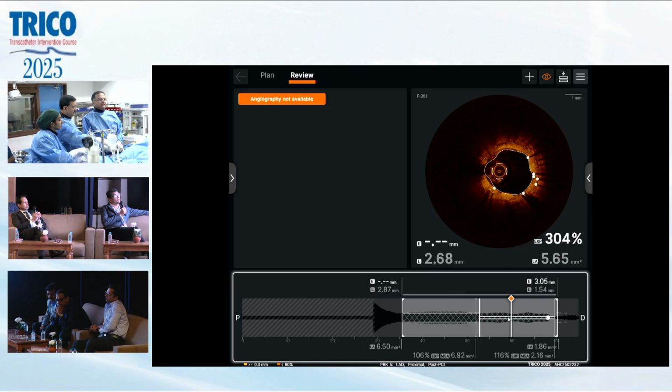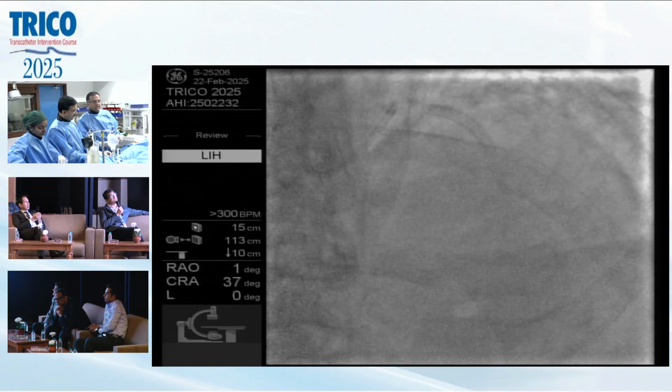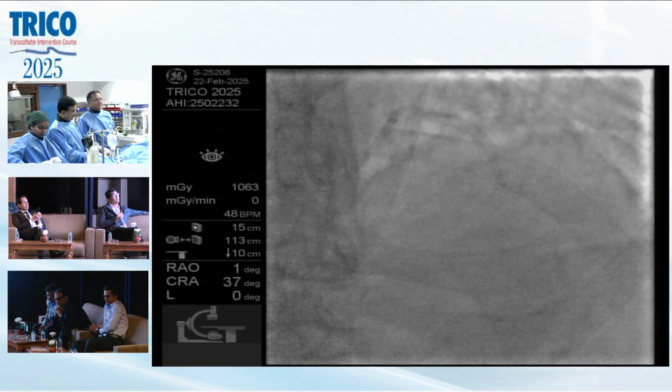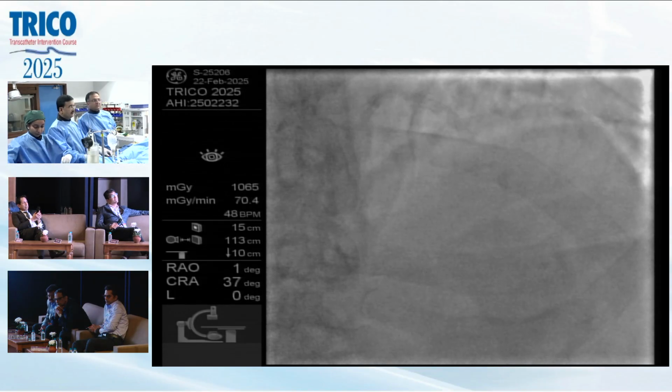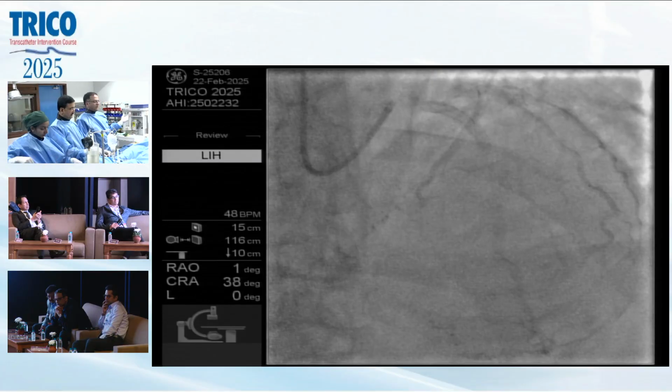If you can switch to the fluoroscopy view and give us a final angiogram, that's what Rajiv was requesting. Yes, now we can see the fluoroscopy. We did not see it earlier. Go RAO cranial so we can see the proximal LAD a little bit better.